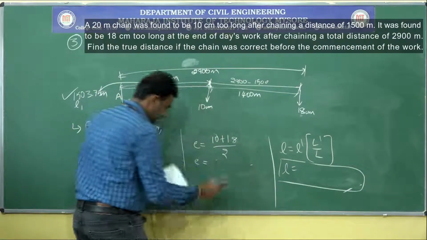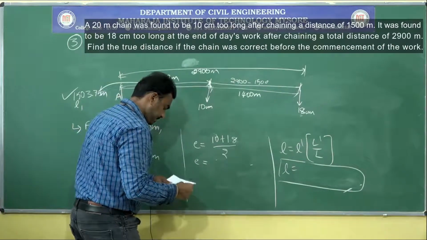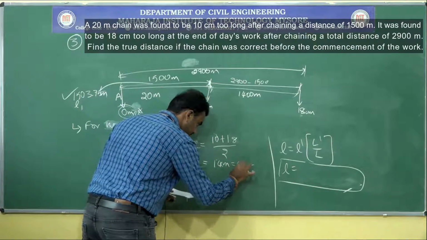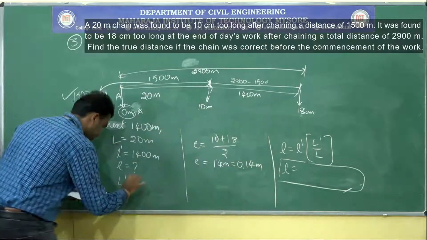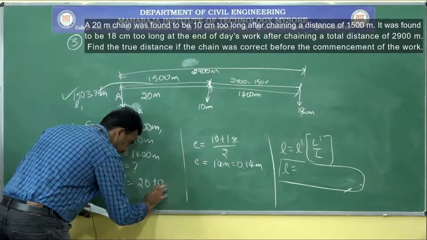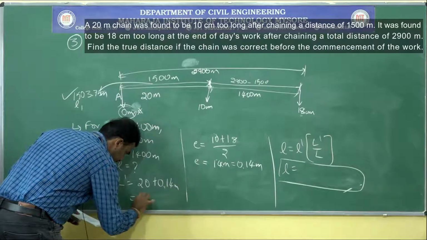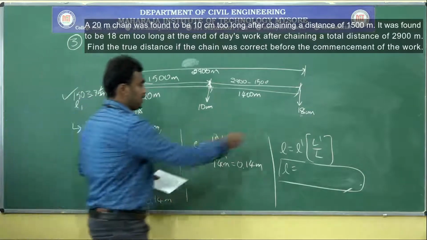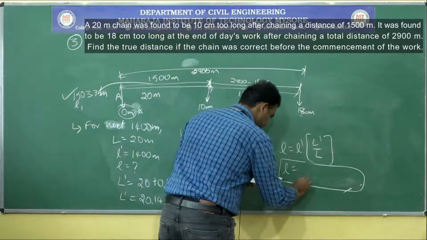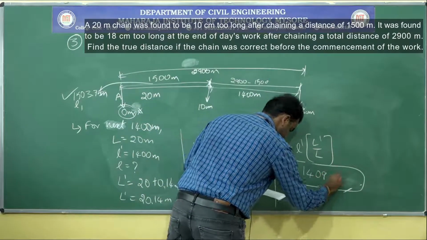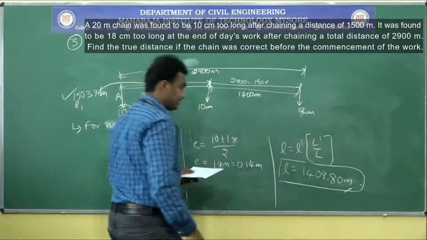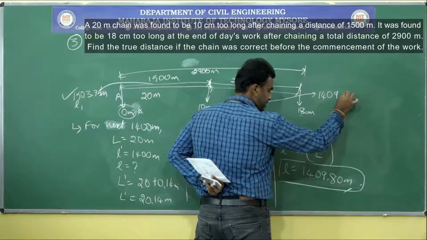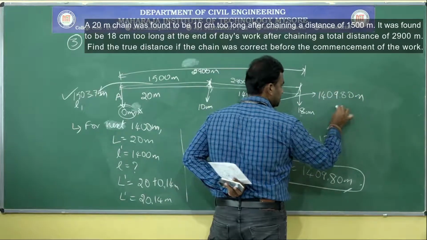In such cases, the error will be 14 centimeters or 0.14 meter. So the incorrect length will be 20 plus 0.14 meter, that means L dash is 20.14 meters. On substituting, you will get the distance as 1409.80 meters. So this is L2.